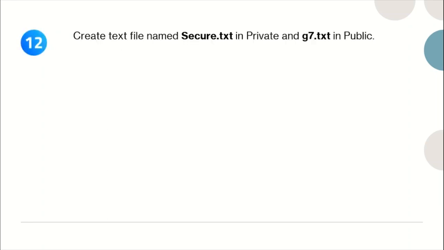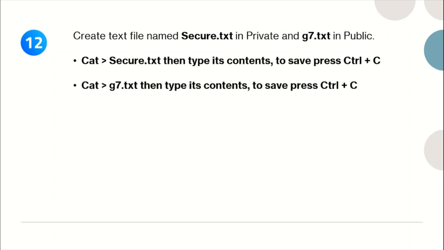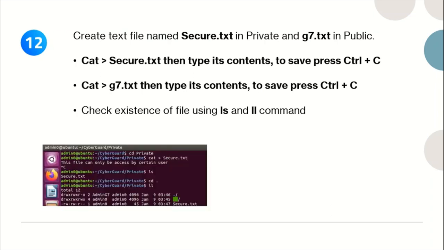Next, we will create a text file named secure.txt in private and g7.txt in public. The commands will be shown below. To check the existence of the files, we will use the commands ls and ll.